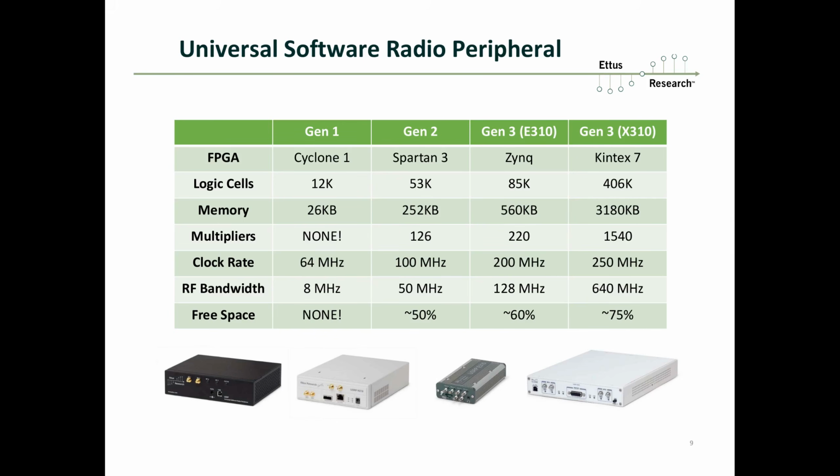The Generation 3 FPGAs are faster and larger still, and provide significantly more resources for user-defined logic. The trend is that FPGAs are getting faster and are providing more and more resources that can be used by SDR applications to accelerate processing. And we're really at a point these days where significant user-defined logic can be added to the FPGA.